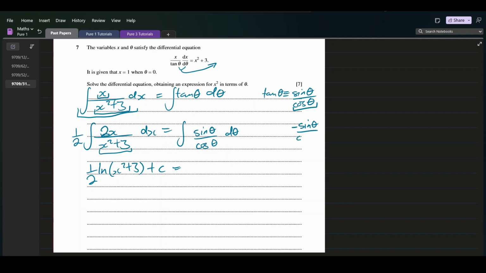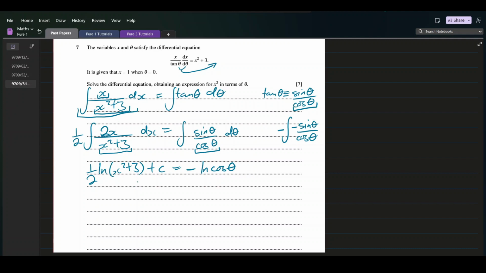Notice how that is very similar to our numerator. The only difference is a negative sign. So we simply multiply outside of the integral sign by a negative sign. So it means that our integral becomes negative ln of the denominator, which is cos theta. So negative ln cos theta.